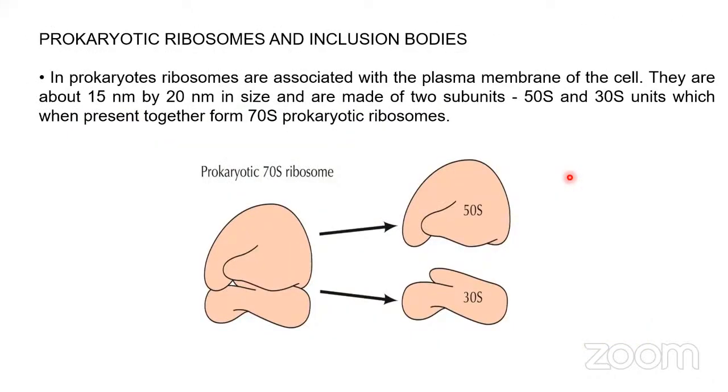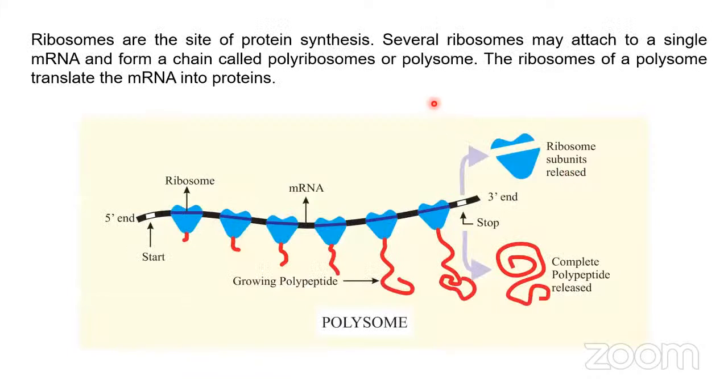Ribosomes, as I mentioned, are the site of protein synthesis. In prokaryotes, several ribosomes may attach to a single mRNA, leading to several protein formations, and form a chain called polyribosomes or polysomes. As we can see in this figure, the black color is the mRNA.